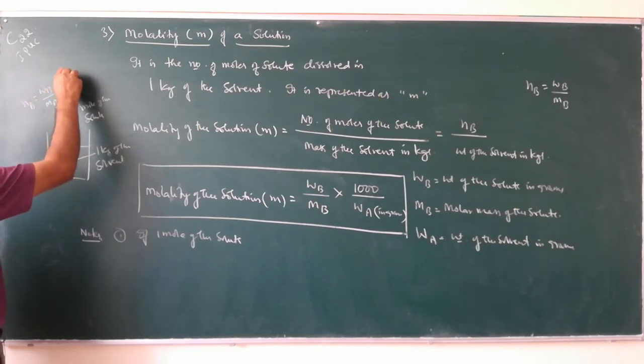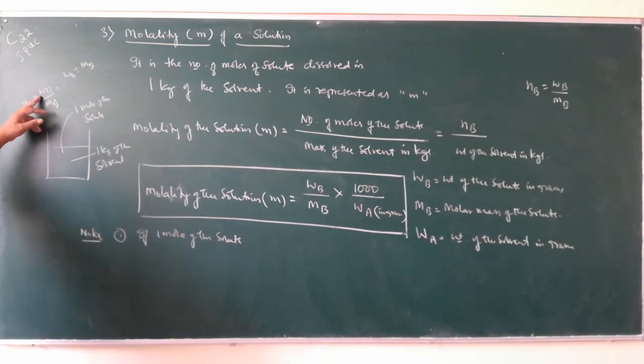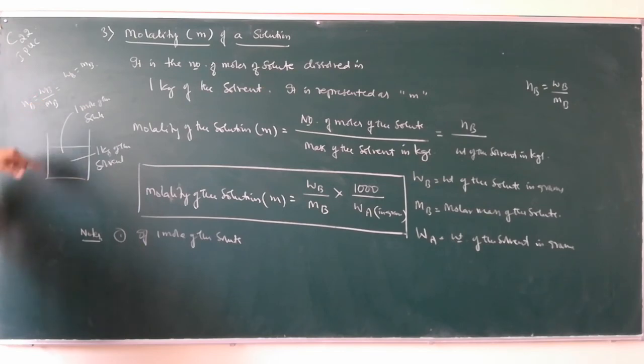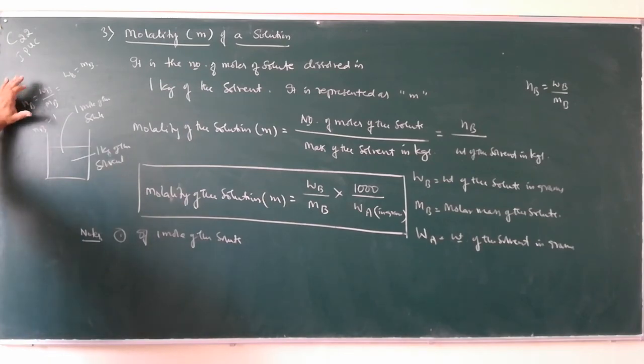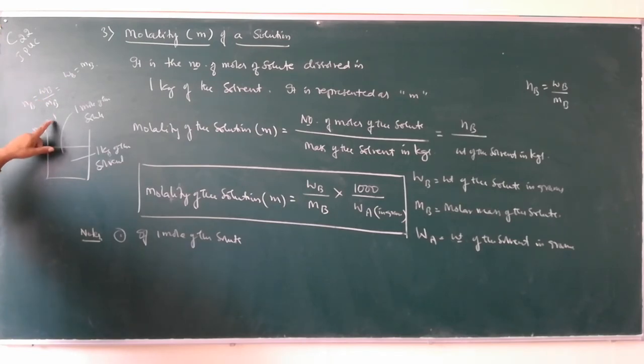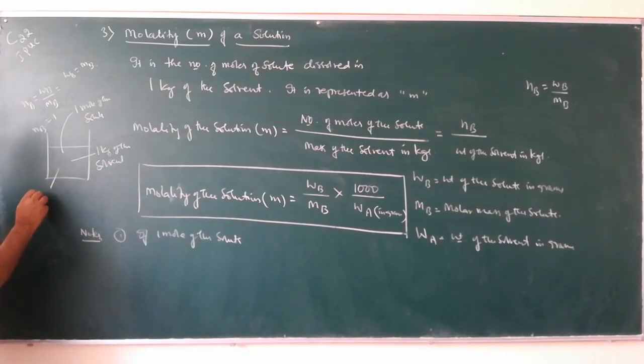If WB is equal to MB, then NB, the number of moles, is equal to 1. That means if the weight of the solute is equal to its gram molecular mass, then NB is equal to 1. NB equals 1 means 1 mole of solute is dissolved in 1 kg of the solvent, and the concentration of the solution is 1 molal.